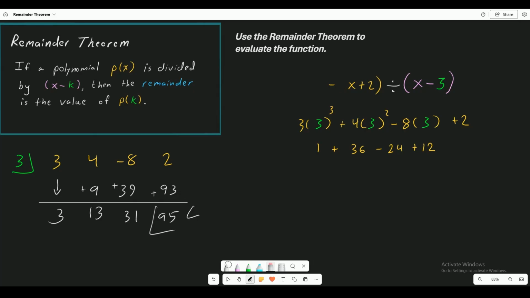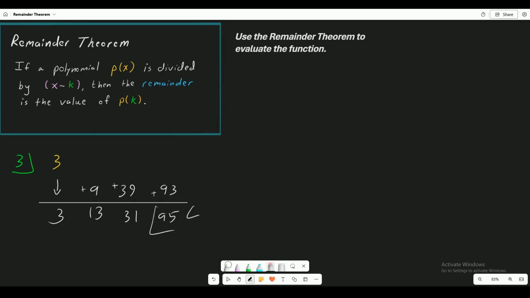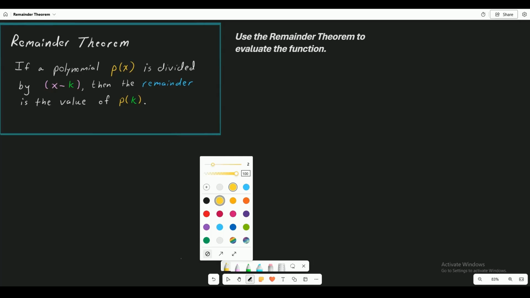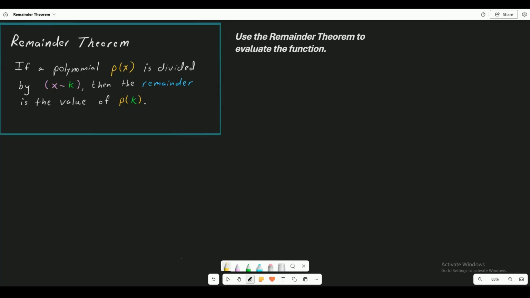Okay. One more example, and then we're done with the remainder theorem. We're probably going to use this again when I do other calculations, especially when we go into something called the rational roots theorem. But in the meantime, let's just worry about this for now. I have the following polynomial.